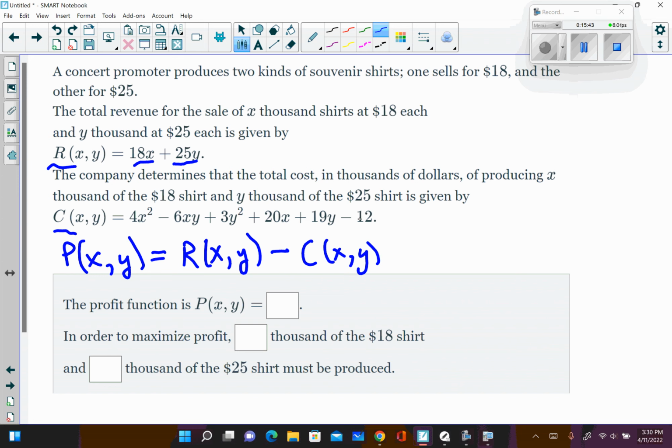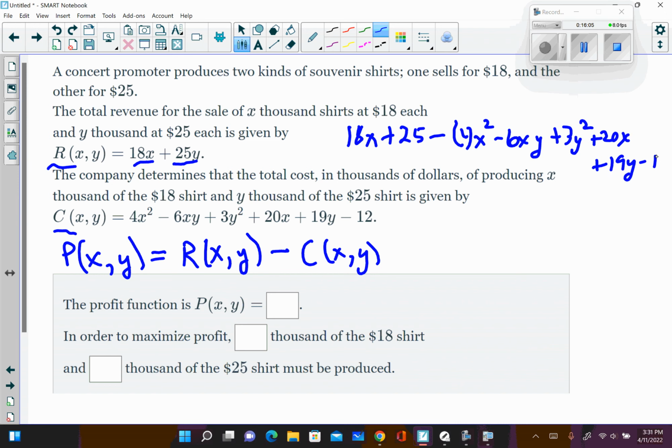So we're going to take the revenue, which is given 18x plus 25y, and subtract the quantity 4x squared minus 6xy plus 3y squared plus 20x plus 19y minus 12. Revenue minus cost, we call that profit. This minus distributes.